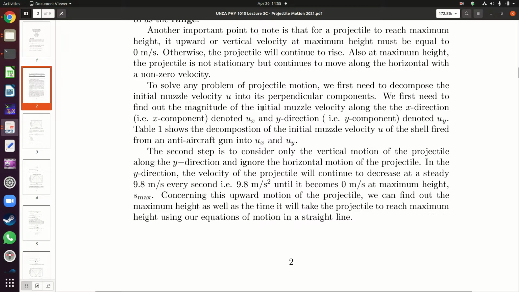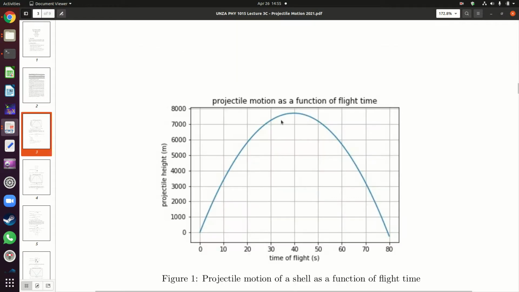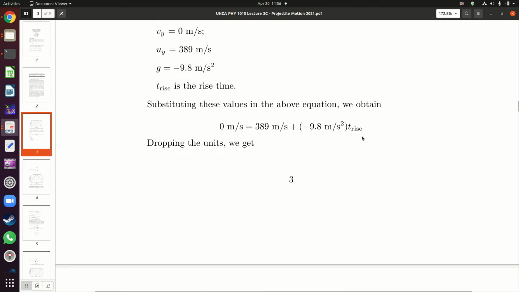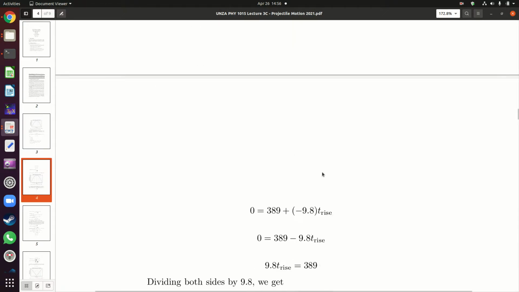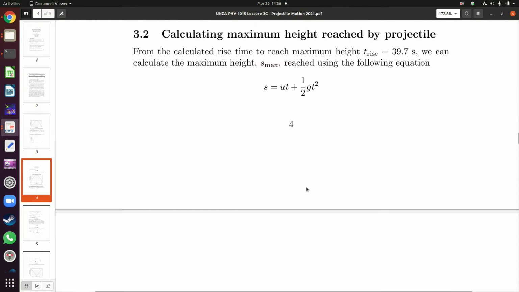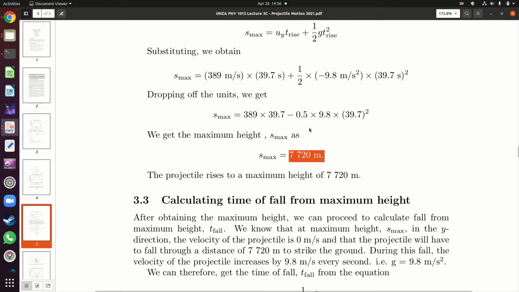But because this projectile is now being fired at an angle of 45 degrees, there is a change in the rise time. Previously, the rise time was 56.1 seconds and our maximum height was 15,000 meters, and now our maximum height is 7,700 and something. So it is basically half of what it was.